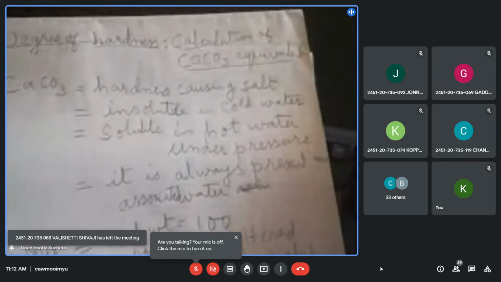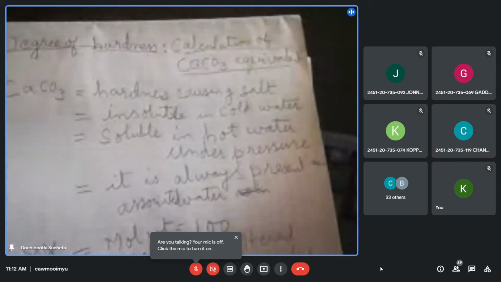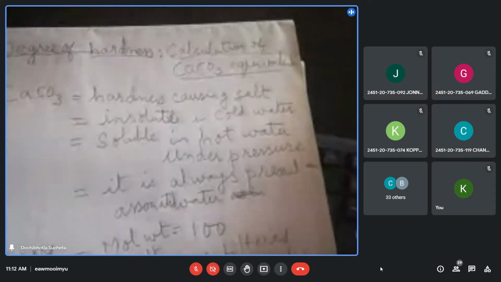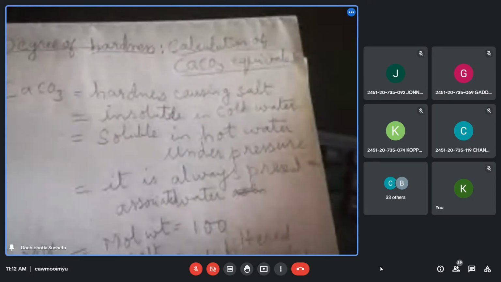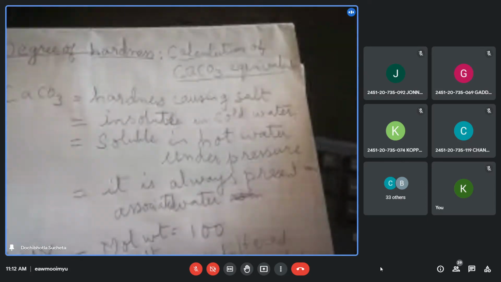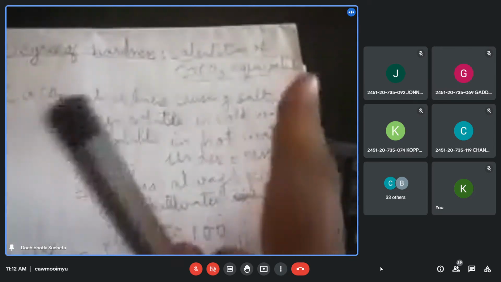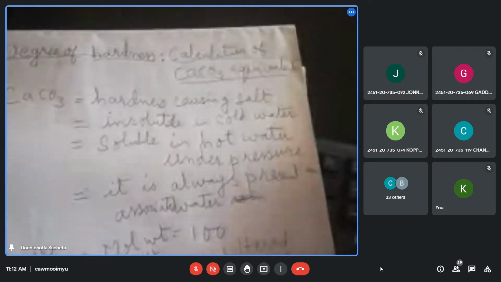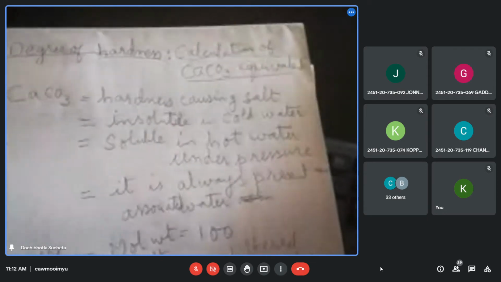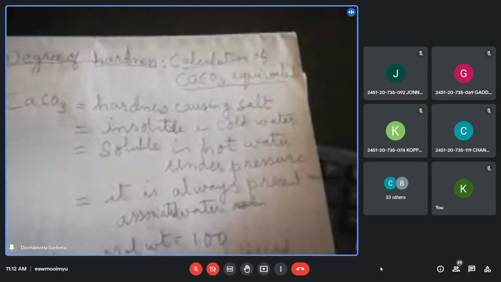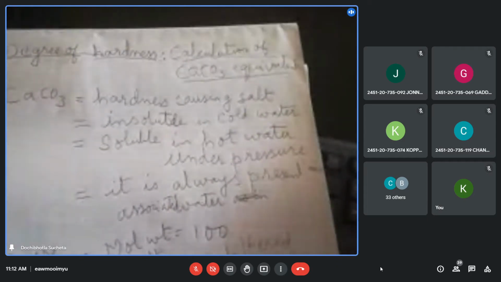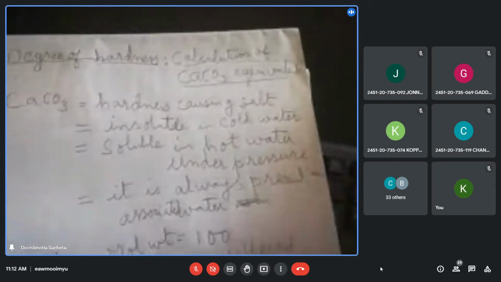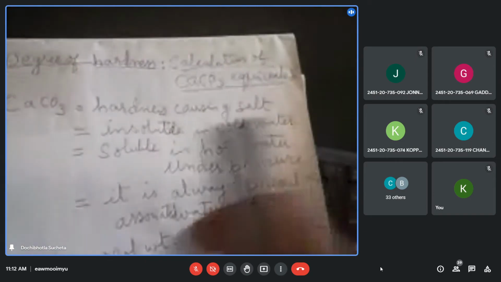They will realize that it contains calcium carbonate and magnesium hydroxide. Then they slowly dried it and weighed it.